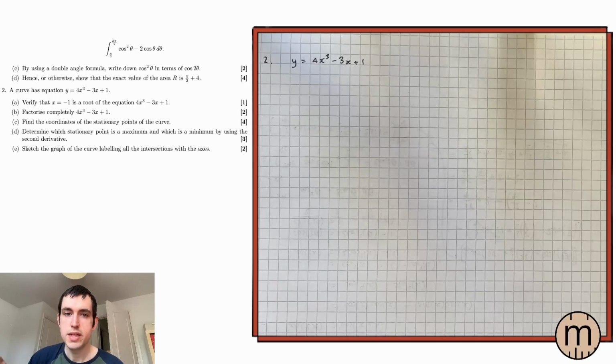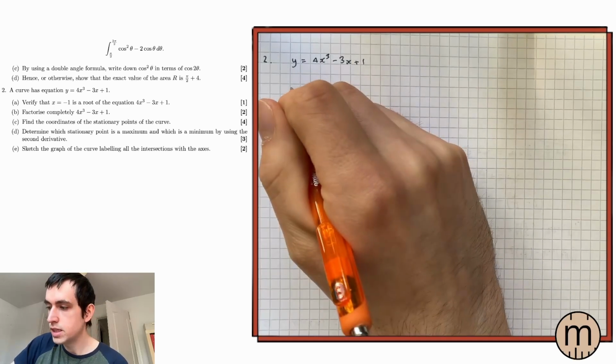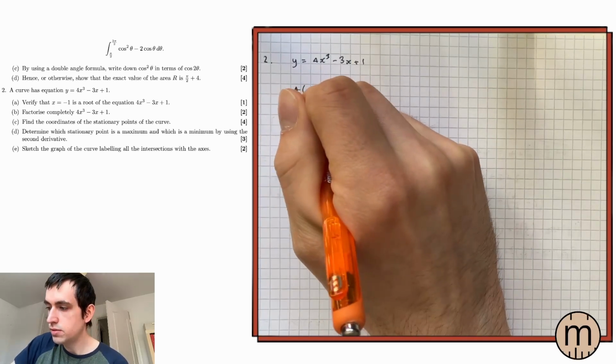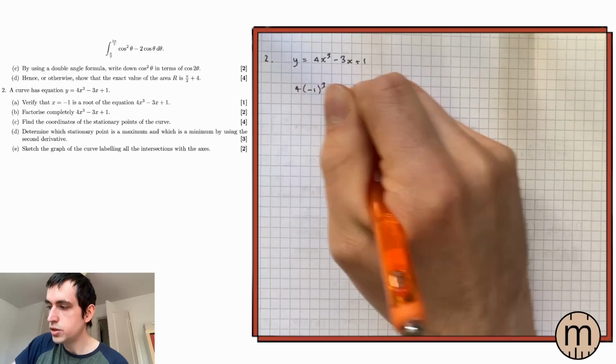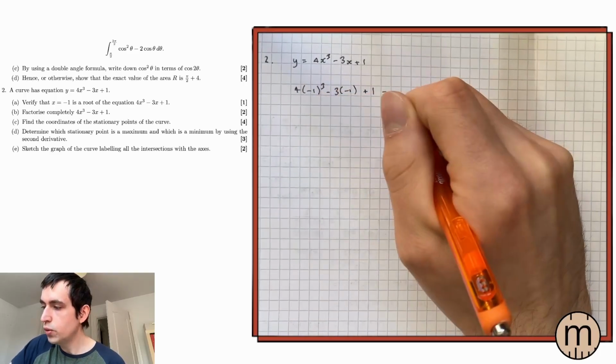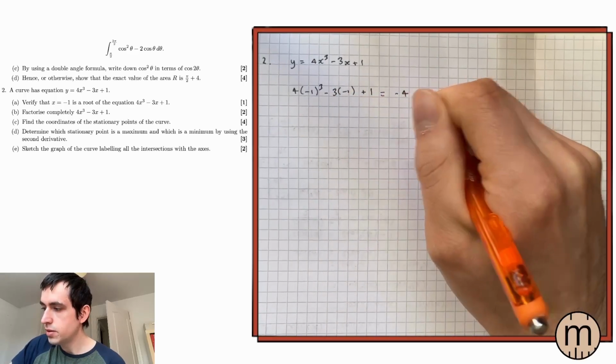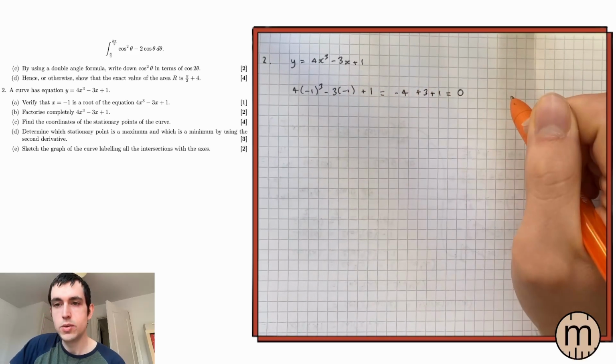To verify that something is a root, that's not saying show that it is a root, it's saying just check. And all we have to do to check is just sub in minus 1. So let's just see. 4 times minus 1 cubed minus 3 lots of minus 1 plus 1 is equal to 4 lots of minus 1 is minus 4. 2 negatives give us plus, which gives 0.